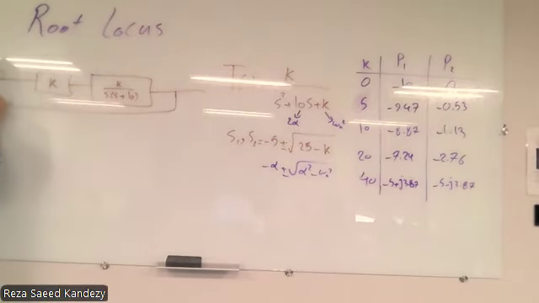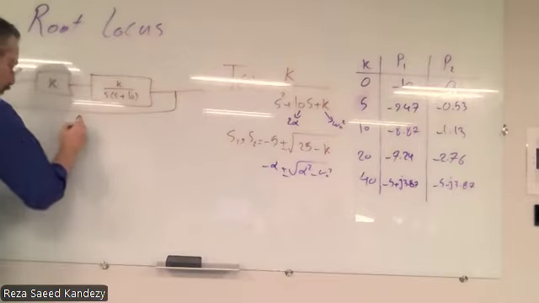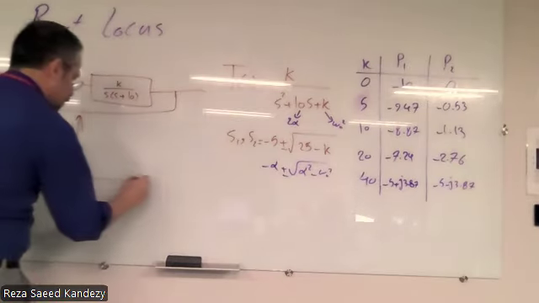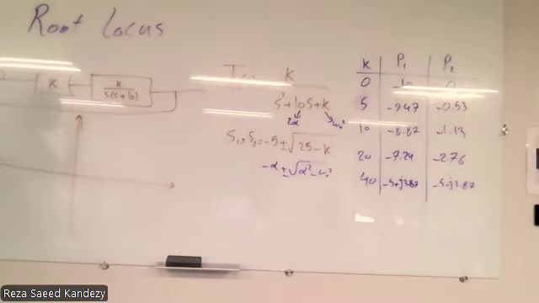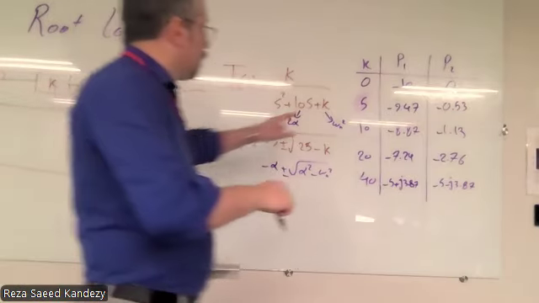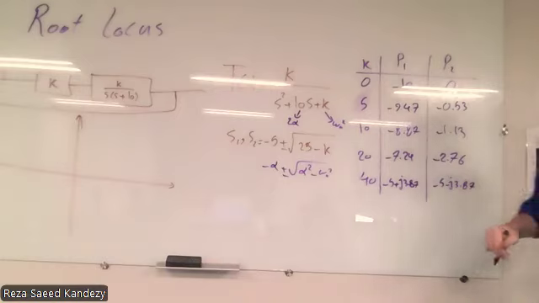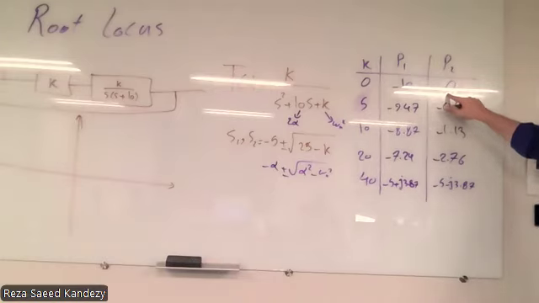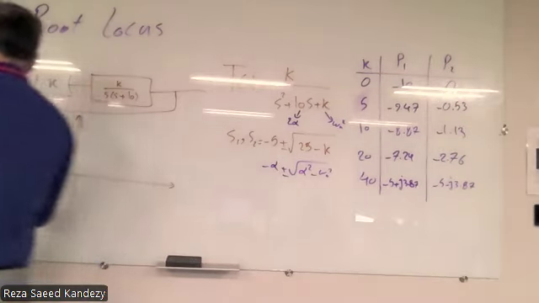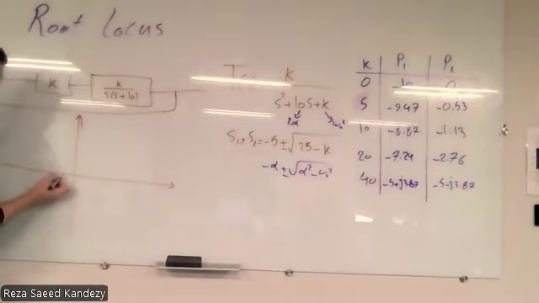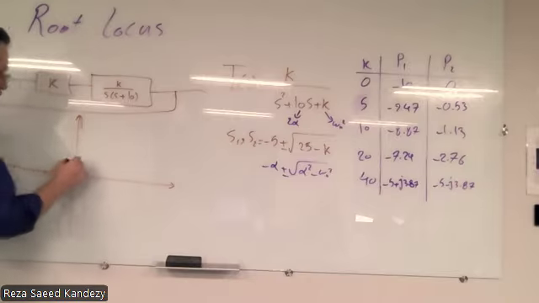Now, let's draw those poles. In the first scenario, when k is 0, we have one pole at 0. Let me mark the axis: 1, 2, 3, 4, 5, 6, 7, 8, 9, 10.